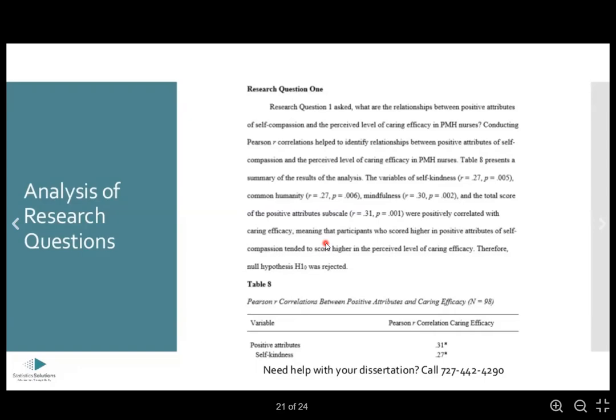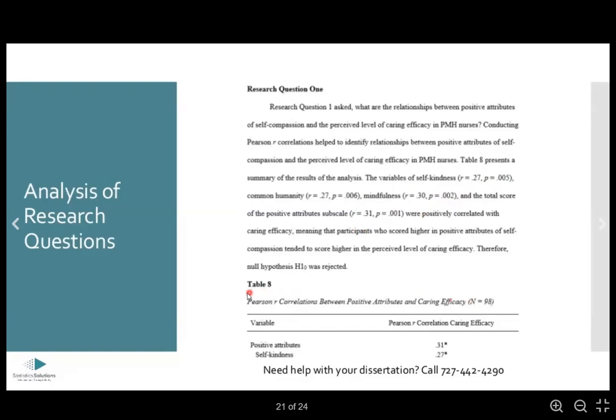Because we found that there was a correlation, we are rejecting the null hypothesis. So take a look here at these p-values, 0.005, 0.002, 0.001, 0.006. That is the indicator that we had significance here in this test.